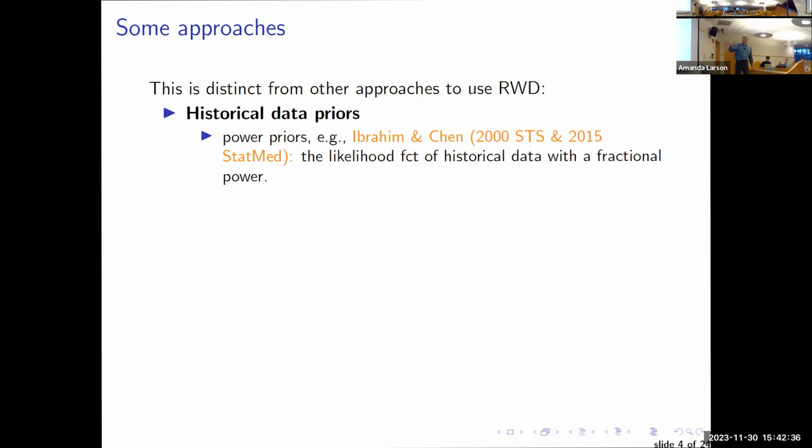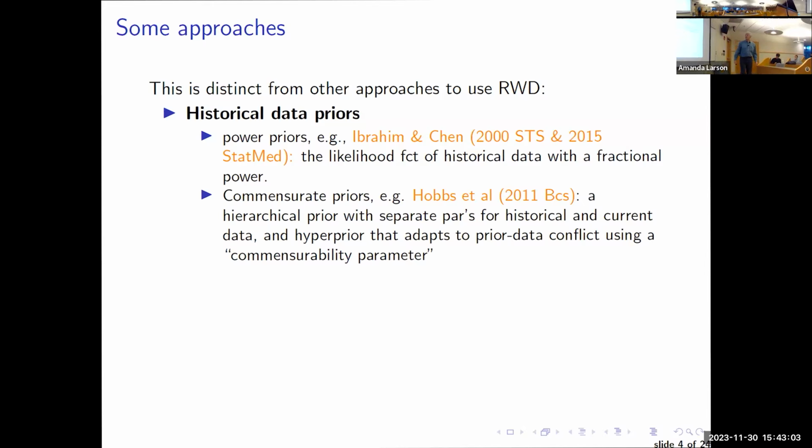One of the earlier ones being power priors, that's Joe Ibrahim and Ming-Hui Chen and others. What they simply do is take the likelihood function from the historical data, use some appropriate fractional power of it, and call that your prior. The fractional power is for the notion of information discounting, inflating uncertainty.